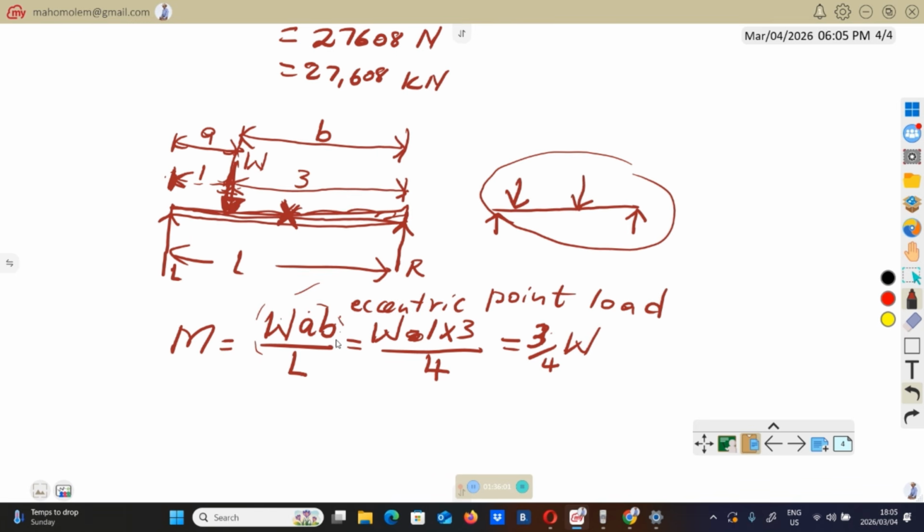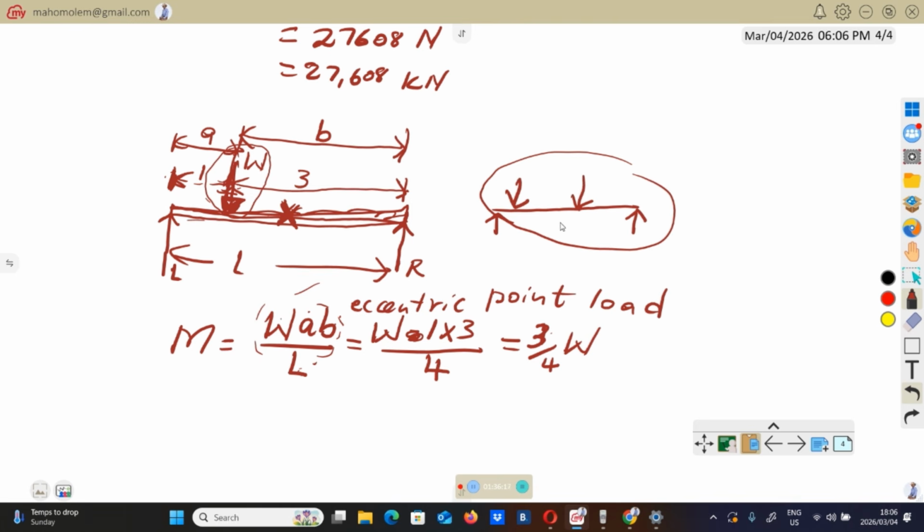So we're going to use this formula. But again, the point load must be single. You must only have one point load acting on this. Once we have two of them, you can't use this formula.